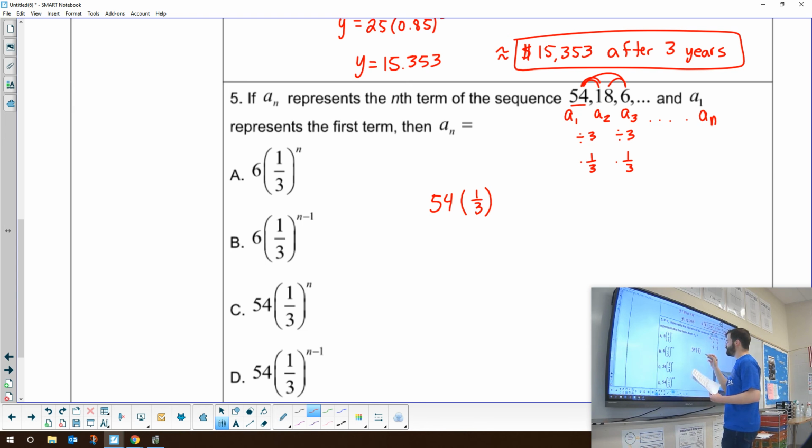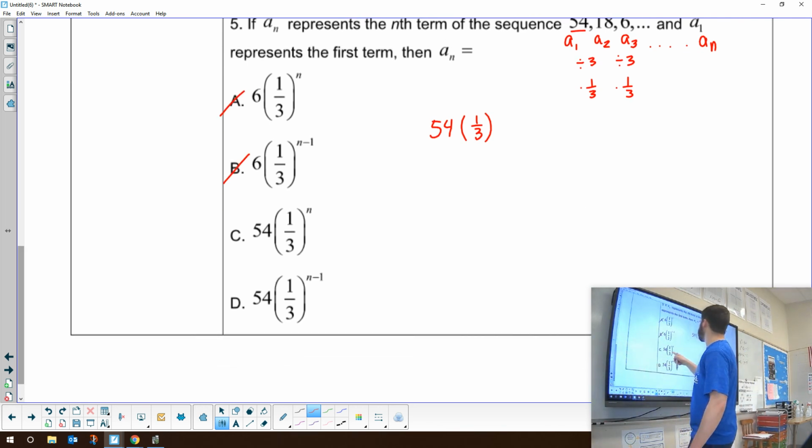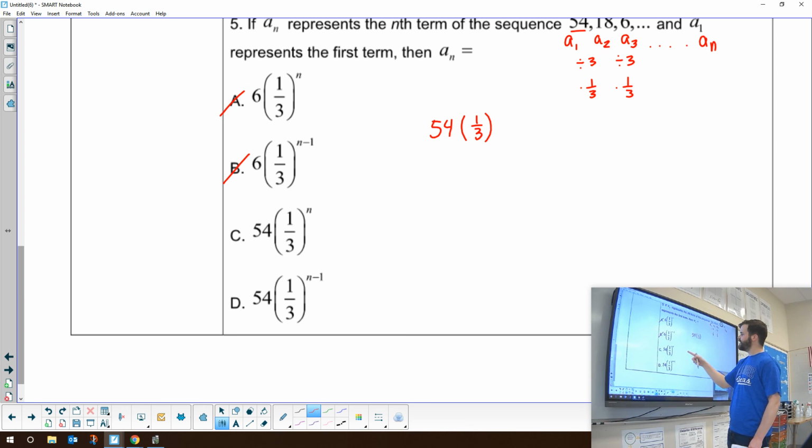So I'm going to have 54 times 1/3. Well, if I just multiply 54 by 1/3, that just gets me to what a2 equals. But I want to know what n equals. We can already mark out these, and we only have two options. It's either going to be n, or it's going to be n minus 1. So let's plug this in and check.